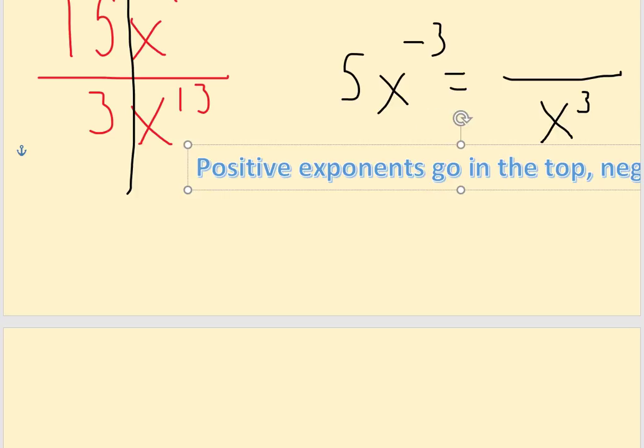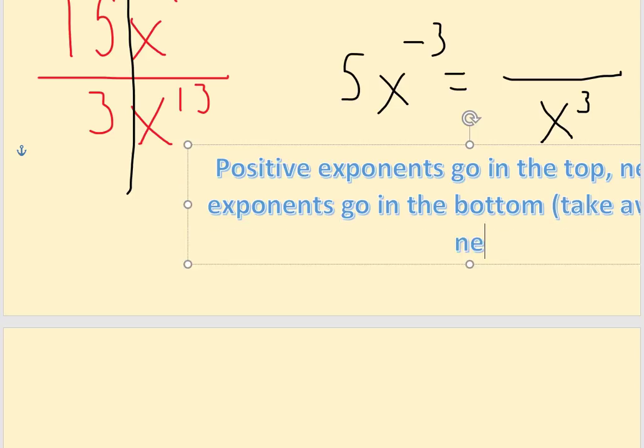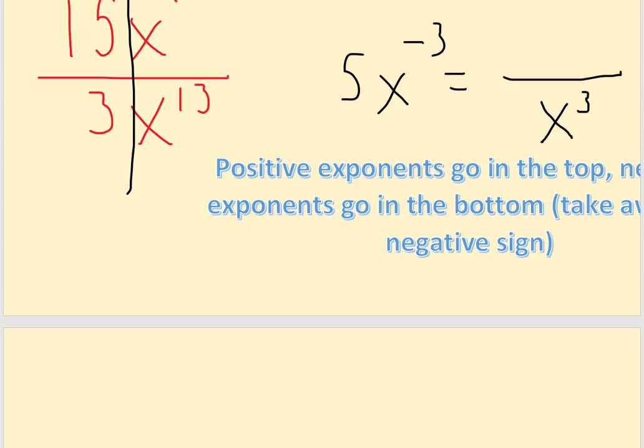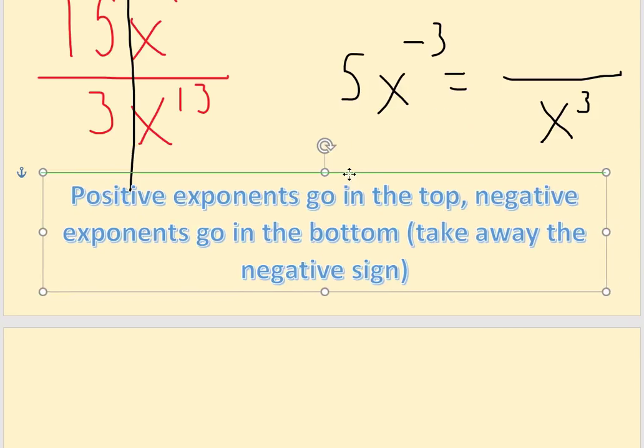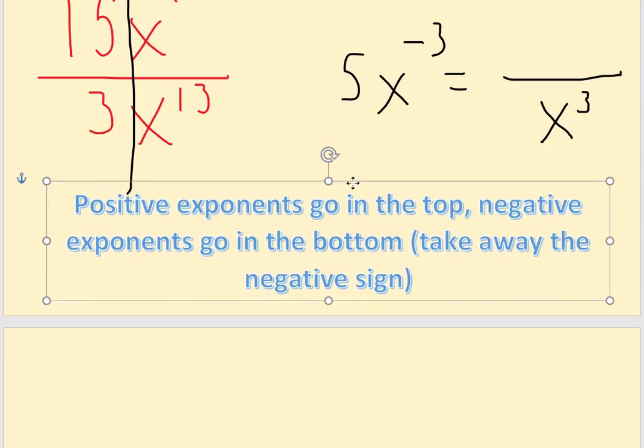Negative exponents go in the bottom, and you're going to take away the negative sign. All right. So let's see if I can move it over. Positive exponents go in the top, negative exponents go in the bottom, and you take away the negative sign when the negative exponent is at the bottom.